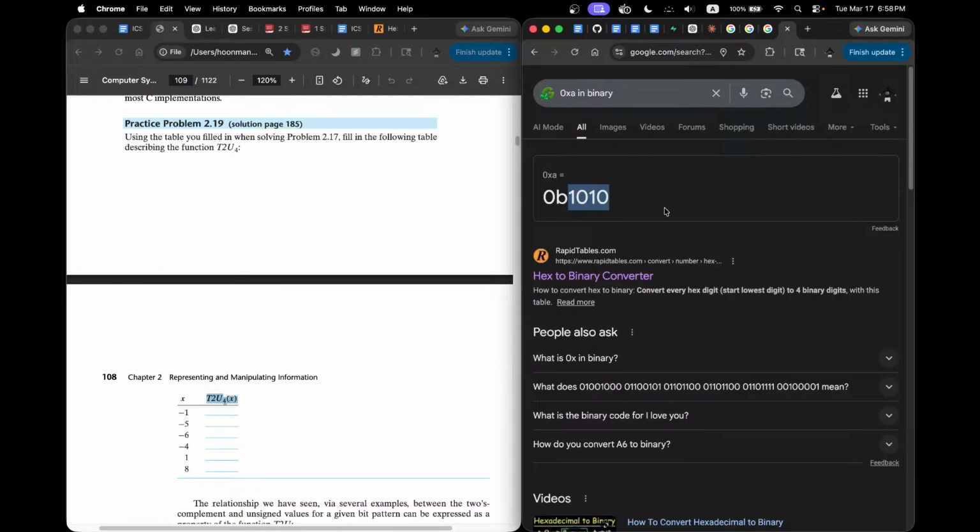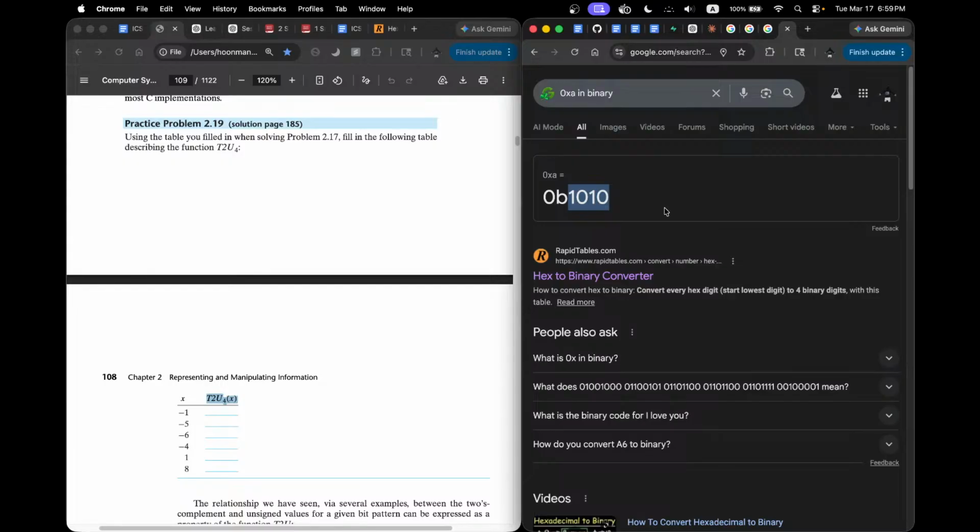Okay, -6. So binary is 1010. It's 10. The bit patterns don't change.